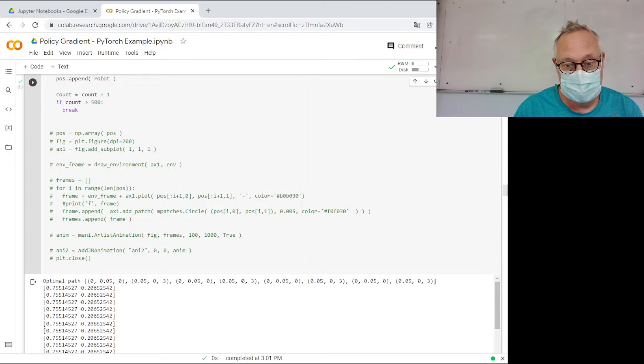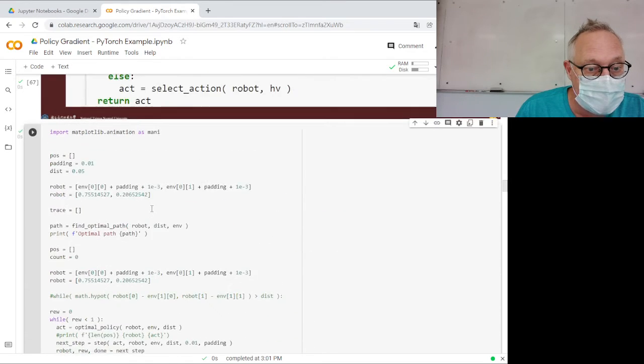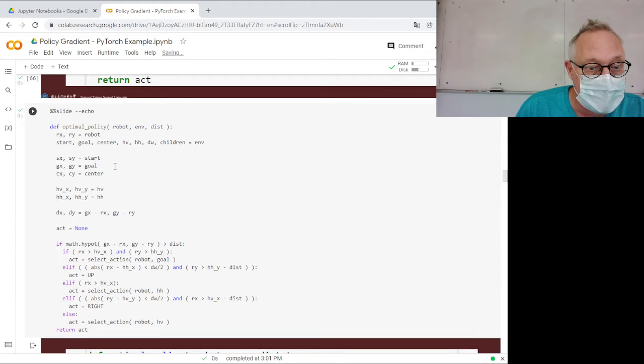So here's the optimal path, and here's the optimal policy. So optimal policy, robot, if there's graded comics.